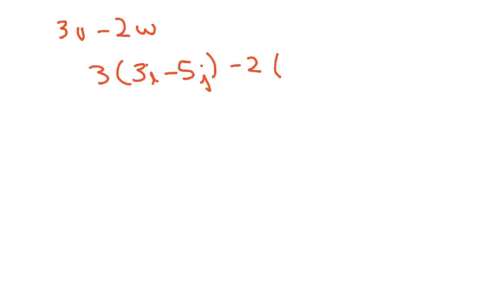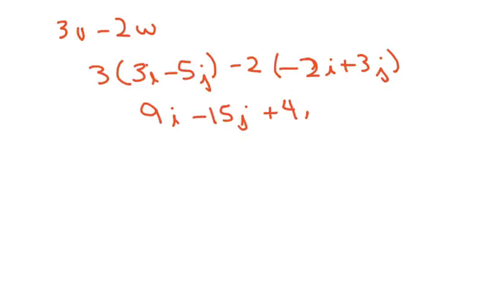The next one we're going to do is 3v minus 2w, which gives us 3 times 3i minus 5j minus 2 times negative 2i plus 3j, which gives us 9i minus 15j plus 4i minus 6j.